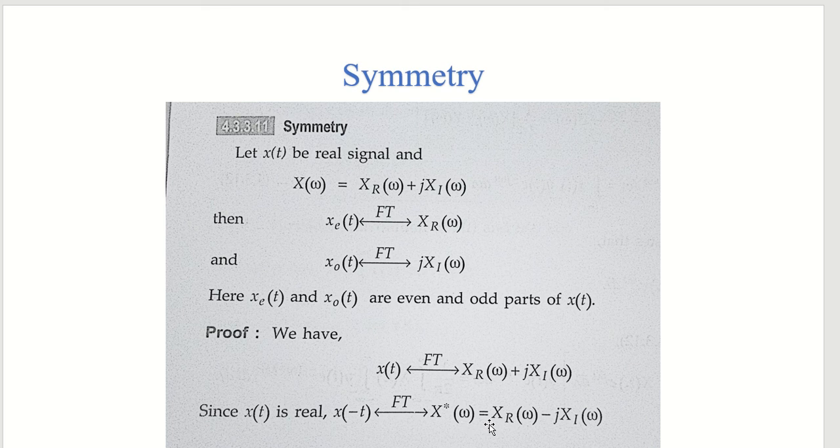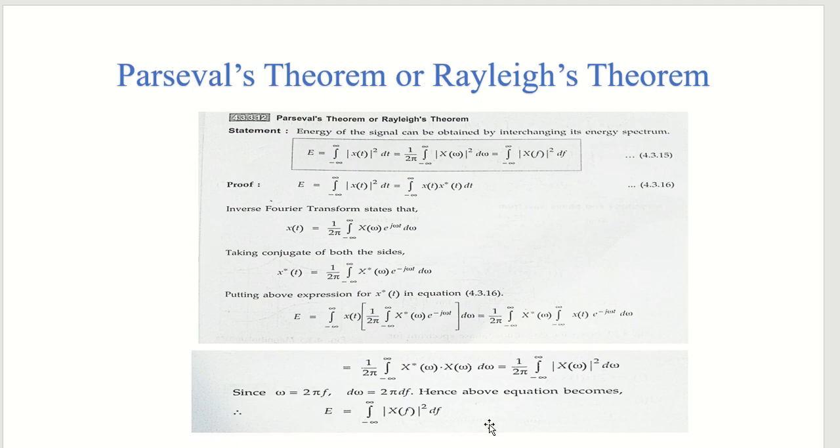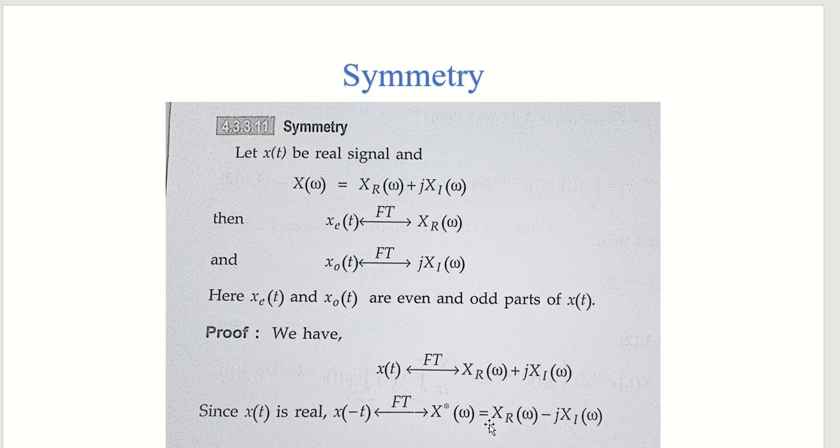You can find the even part and odd part based on the formulas. The even part is 1 by 2 times x of t plus x of minus t. For the odd part, the formula is 1 by 2 times x of t minus x of minus t. You know the value of x of t and x of minus t, so now you can find the Fourier transform for both even and odd parts.